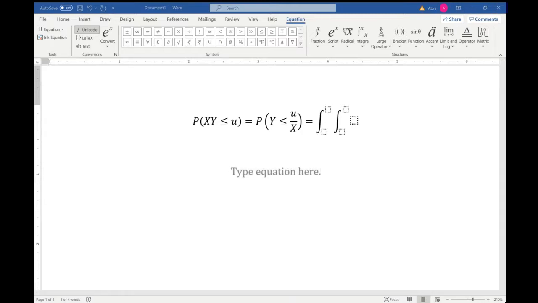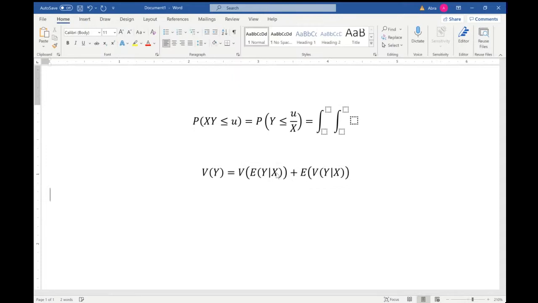So let's see. If we use Y as the claim amount, we're looking for the variance of Y, and that will be the variance of the expected value of Y given number of claims plus the expected value of the variance of Y given number of claims.